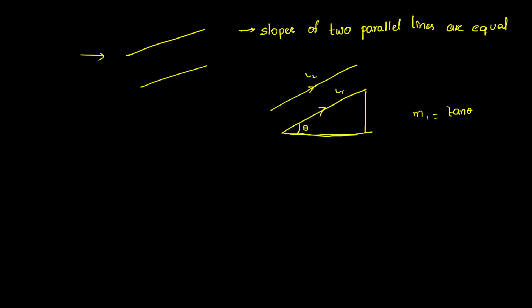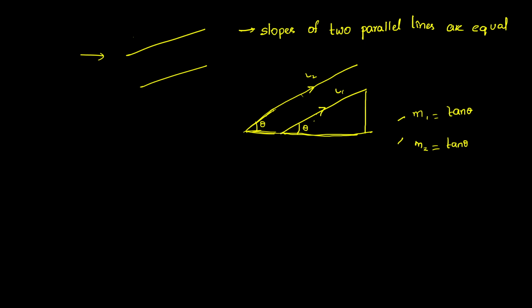Since these two are parallel, if we extend this line to meet this horizontal, the angle made by line 1 is nothing but the angle made by line 2, so this will also be theta. So therefore m2 is also equal to tan theta. So both m1 and m2 are equal for two parallel lines.